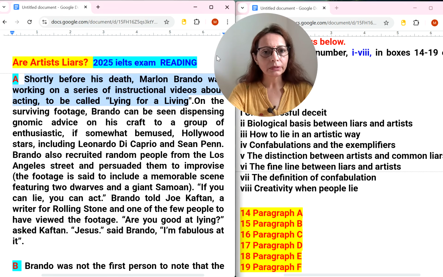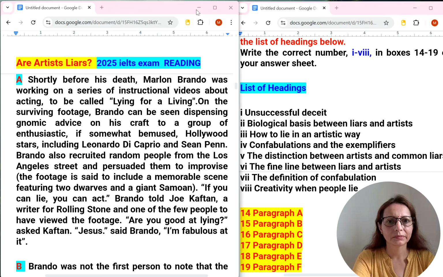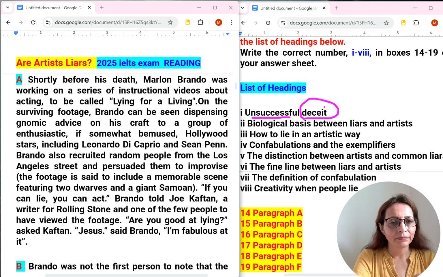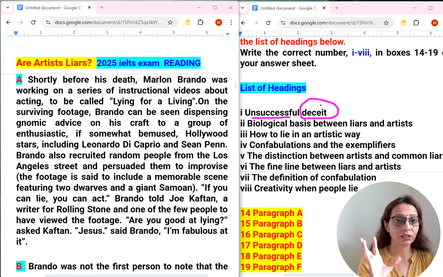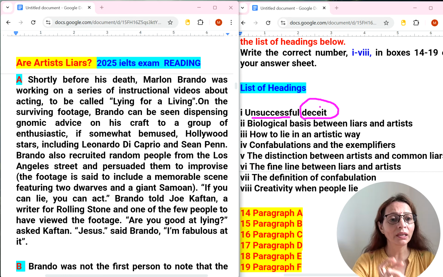Okay, so I will read all the options first. So let's read unsuccessful deceit. Deceit, you should know it. You are going to give the IELTS exam. Deceit means untrustful work, in my language dhokebaji, it can be an unlawful act.